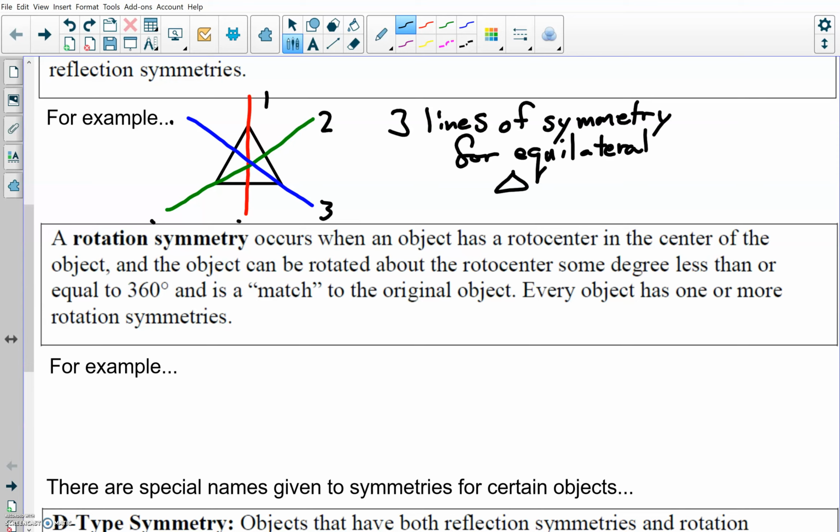So every object has one or more rotation symmetries because of this equal to 360 degrees being allowed. That means you can spin all the way around and get back to where you started, and it counts.